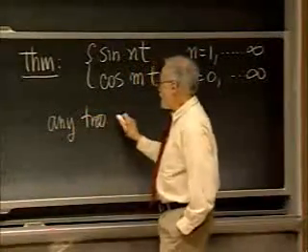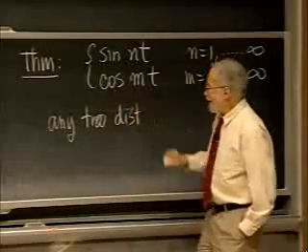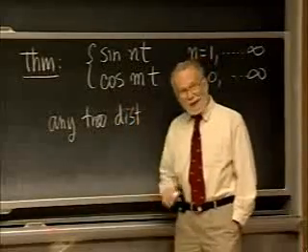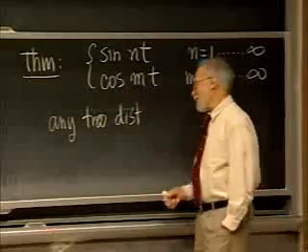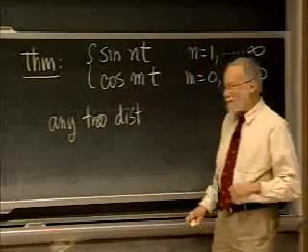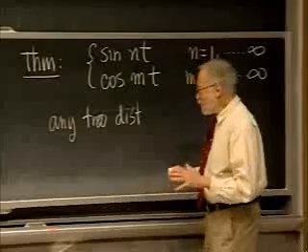The theorem is that any two distinct ones, two distinct members of this collection, are orthogonal on this interval. How can two things be not different? Well, you talk about two coincident roots. I'm just doing a little overkill.